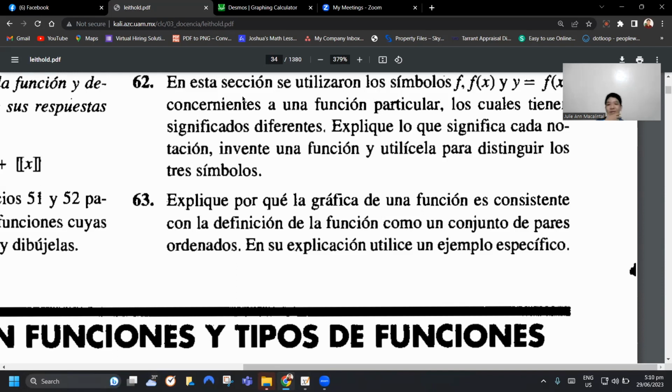Obviously, pwede ba? If the function is literally it consists of an infinite number of ordered pairs.